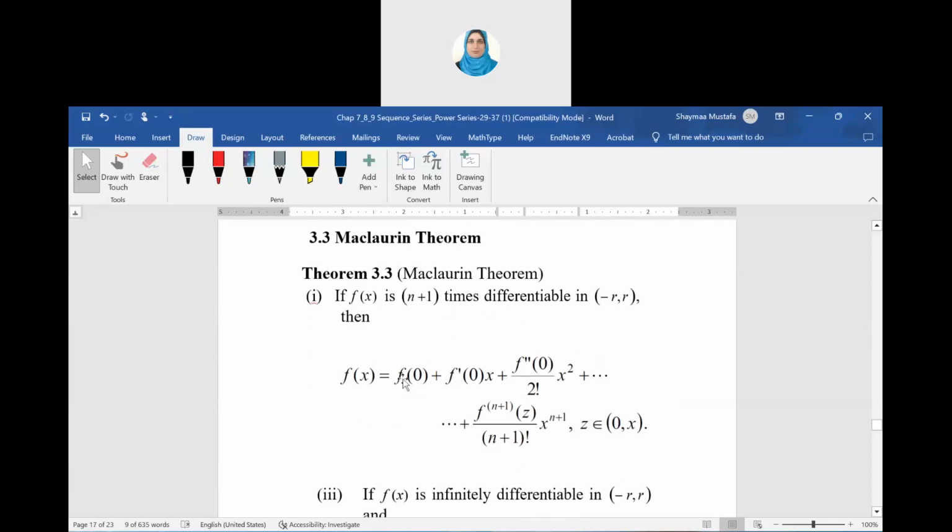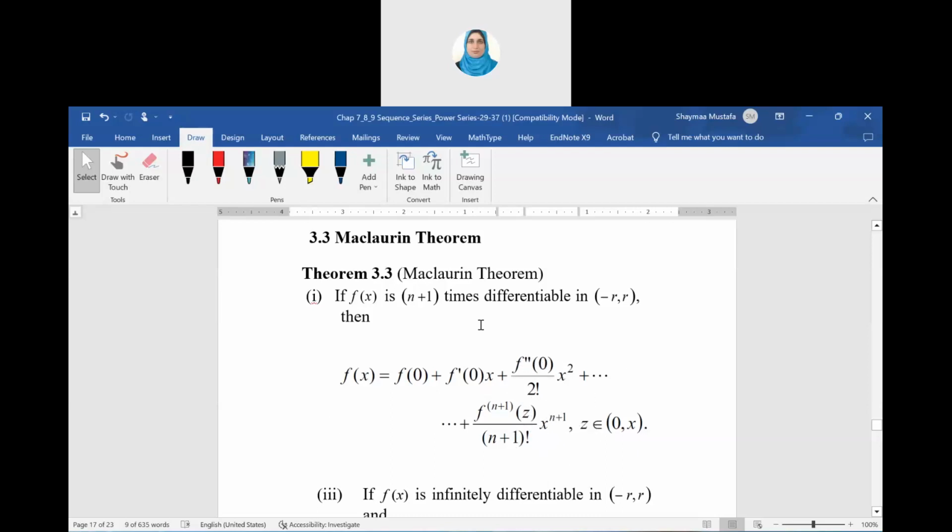The Maclaurin theorem states that the power series of your function can be written as f at 0 plus the derivative of f at 0 multiplied by x plus the second derivative of f at 0 over 2 factorial x squared, and so on, where generally the nth term is the nth derivative of f at 0 over n factorial times x to the power n.